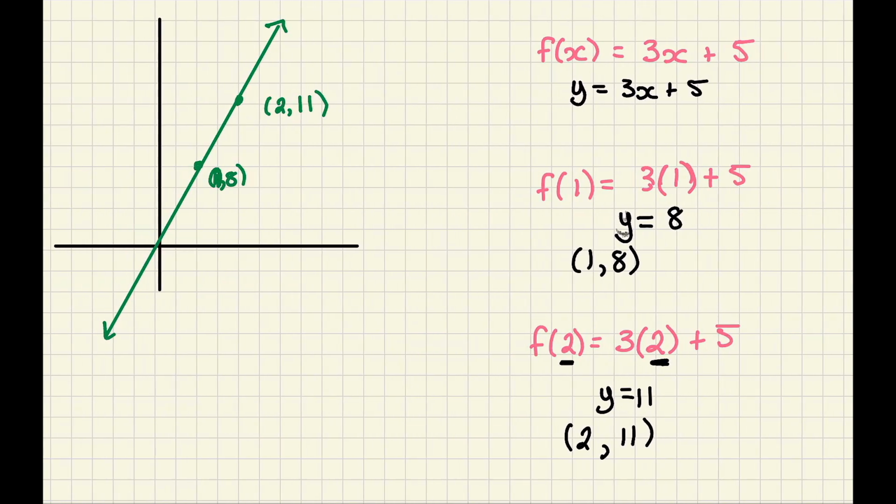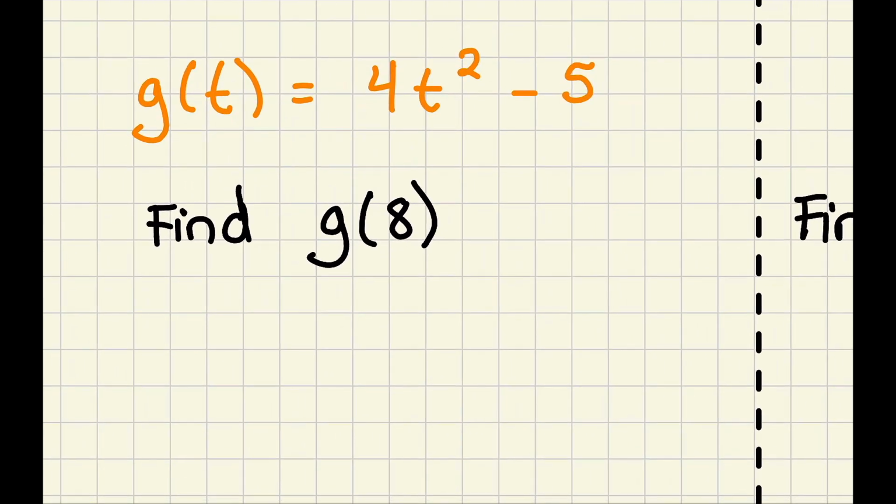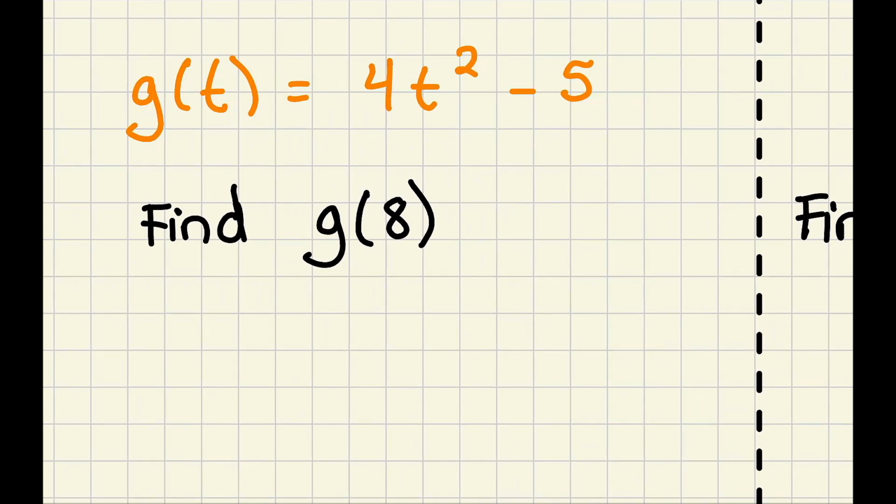My last example for you is we're going to move away from f and x, and I'm going to give you some examples with the letters g, h, t, and z. On this side here, I have g of t is equal to 4t squared minus 5. I've also moved away from linear functions just to get us a little bit uncomfortable. What I'm asking you to do once again is, can you replace the variable, in this case t, with the number 8?